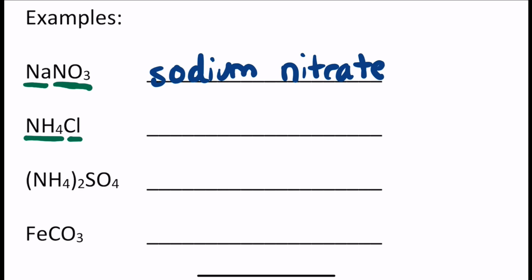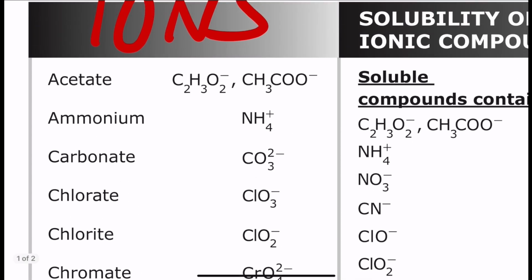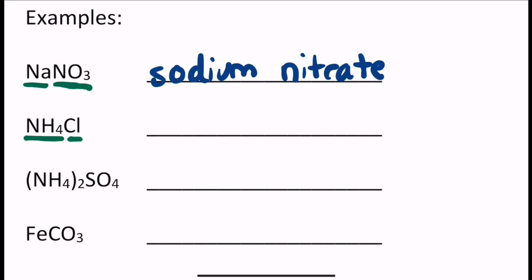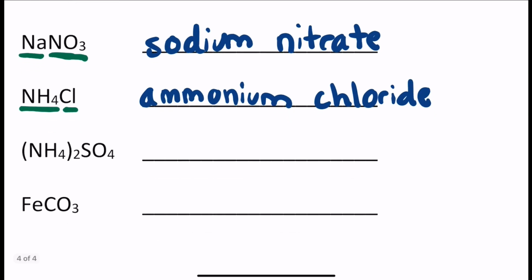NH4, if we look on your list of polyatomic ions, I think it's towards the top here, is ammonium. So we are going to say the name ammonium here. And the second part, it looks like that's a chlorine. Cl is chlorine, but you do change the ending of that since it's an ion. So ammonium chloride is the name of NH4Cl.